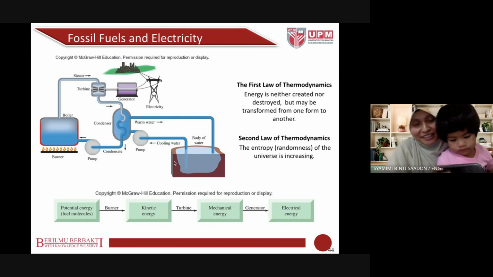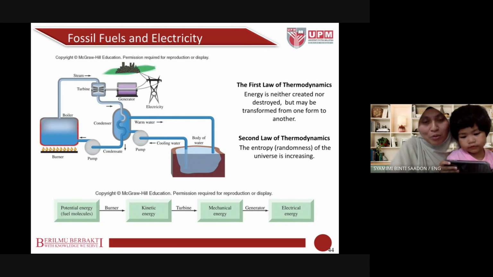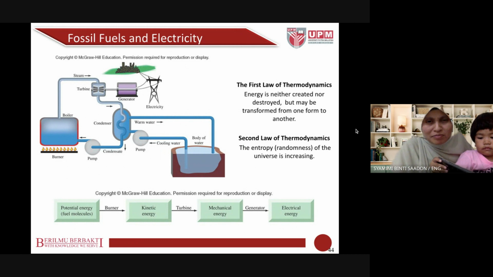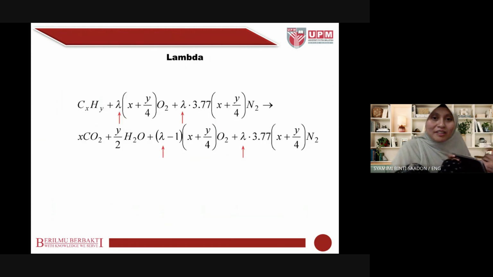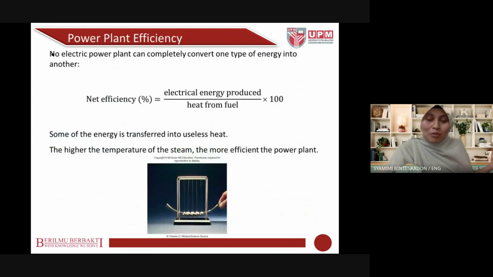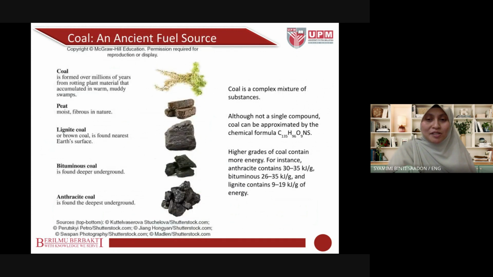I think the rest is more towards examples of applications of the fuel, power plant, right? This one is a power plant example: power plant efficiency, the thermal efficiency, net efficiency, from the gas turbine used in power plant.